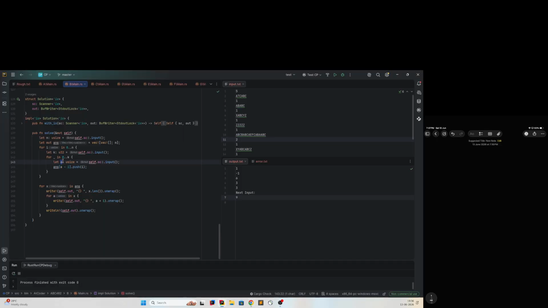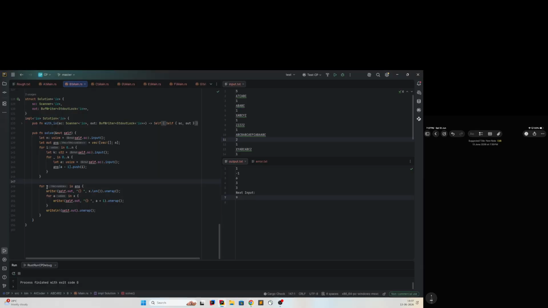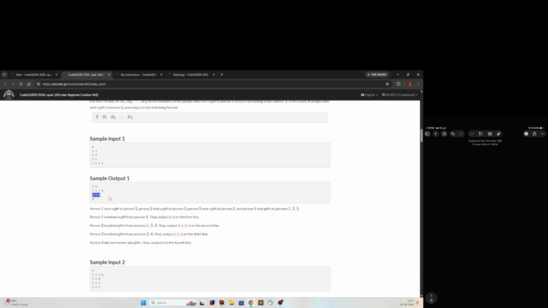So here A will be 2. Using the zero index idea, I push into answer of A minus 1 the value I, which is the current person, so who sent the gift. That is what we have been asked. So when we iterate over this, we will have this one here. Then we just iterate over the answer and print the values accordingly as asked.